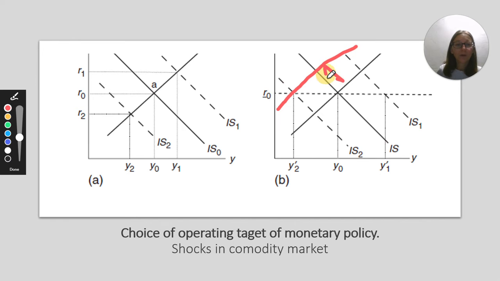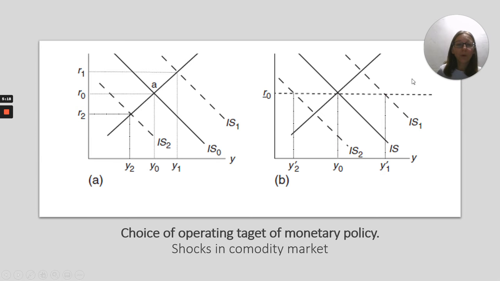So the LM curve should shift to the left as well, so the new equilibrium would be established here at the same interest rate as it was before, R0, but with way lower GDP compared with the A case. GDP decreases even more with the intervention of the central bank, because keeping the interest rates at the same level doesn't support the investment as it does in the A case.